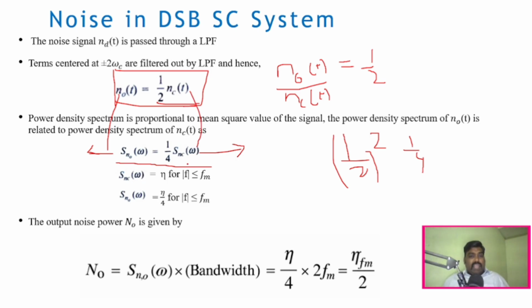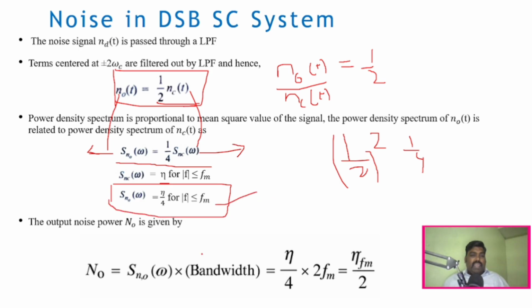And we know already that the power spectral density at the input is eta by 2, from the assumption. If you substitute this eta, the power spectral density of S n naught of omega will become eta divided by 4 around this particular frequency band.